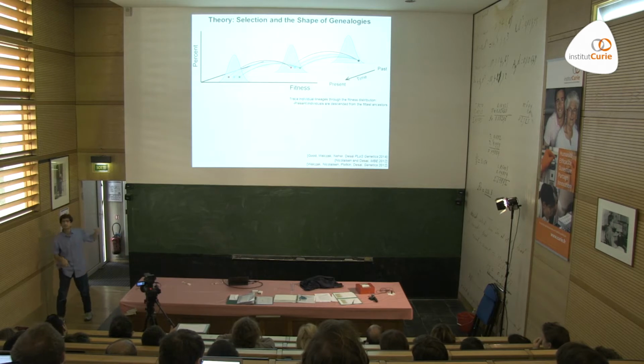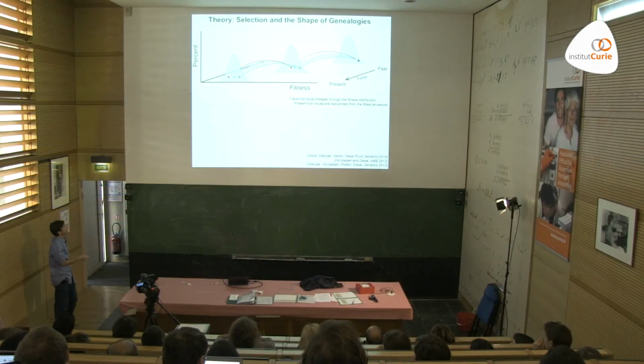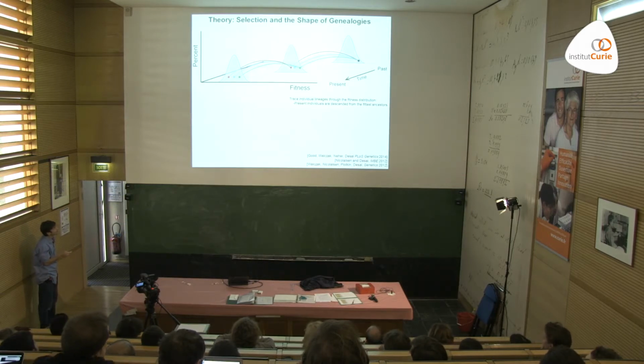You know, in the past, there was presumably all kinds of variation in fitness as well. But it's only the most fit individuals in the ancestral population that left offspring into the present. I mean, that's what it means to be more fit, right? Fundamentally, right? And so as we go backwards in time, this sample is descended from a smaller and smaller subset of fitter and fitter individuals from those ancestral populations.